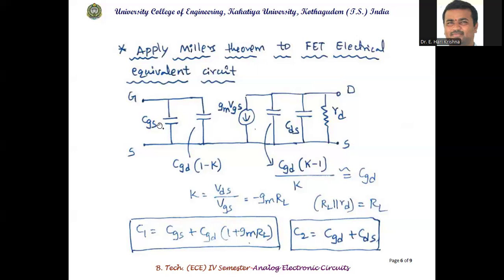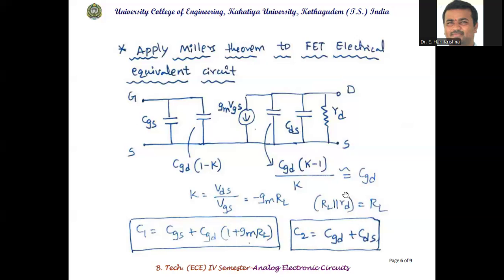So the parallel combination of capacitors will be added: C1 is equal to CGS plus CGD into (1 plus gm RL). And here also the parallel combination is represented as C2, CGD plus CDS.